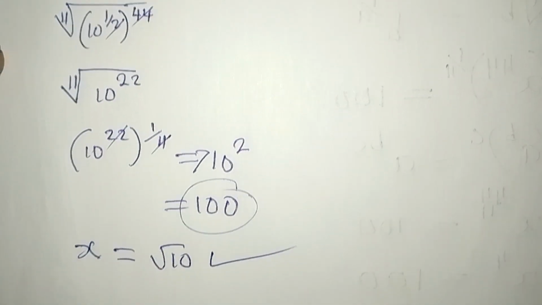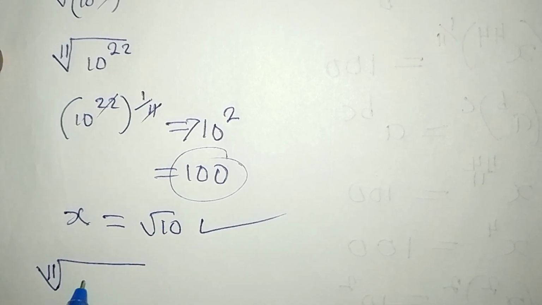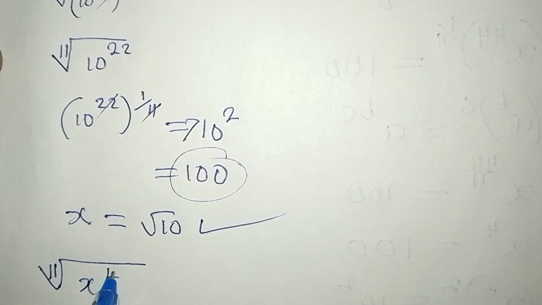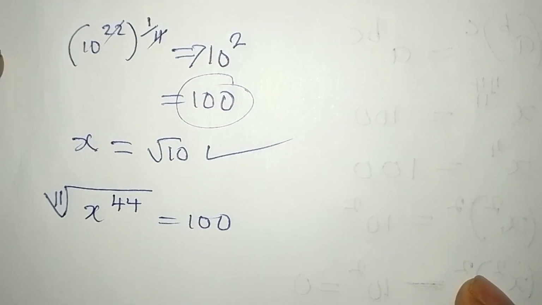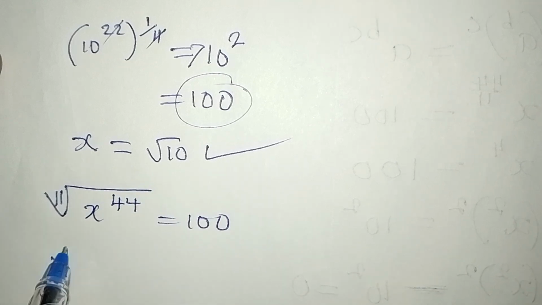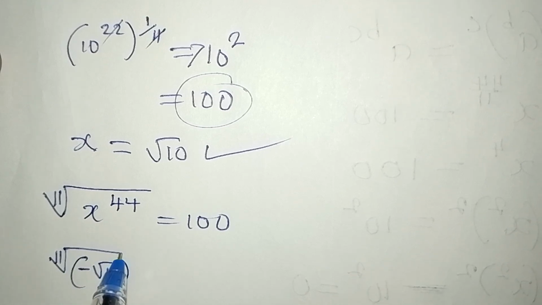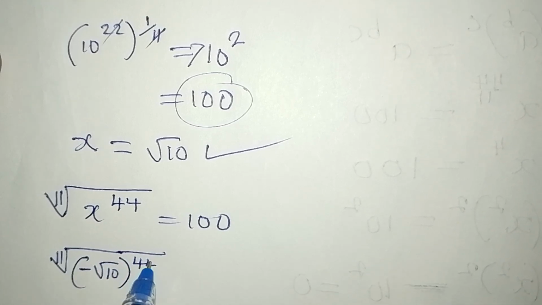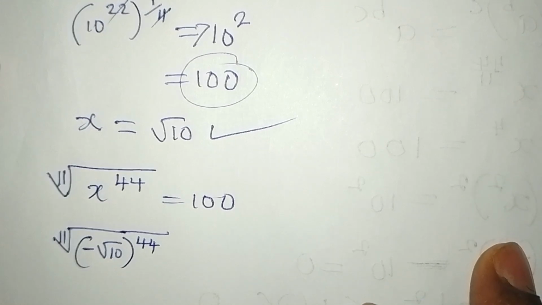Now let's use the negative. We still have the equation as the 11th root of x to the power of 44 to give us 100. Now we're using the negative value, which is negative root 10. So we have the 11th root of negative root 10 in bracket to the power of 44. So what do we do in this case?